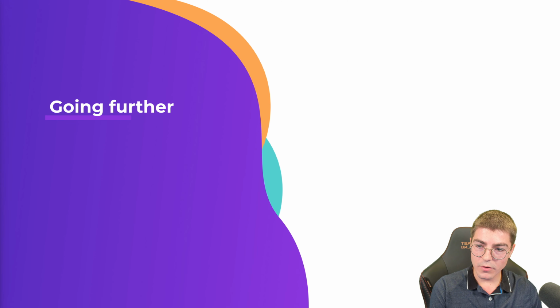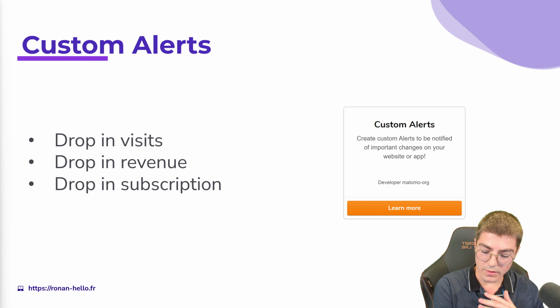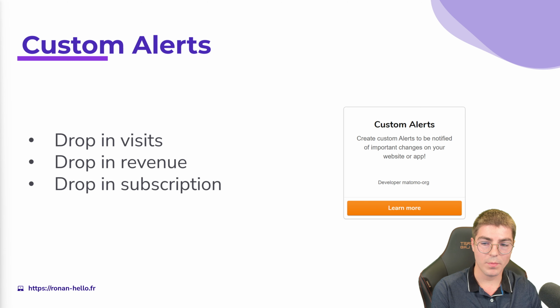And then to go further, you can also create custom alerts, for almost every kind of platform, not only a SaaS platform. I create custom alerts all the time about drops in visits, drops in revenue, and if you are a SaaS platform, drops in subscriptions.